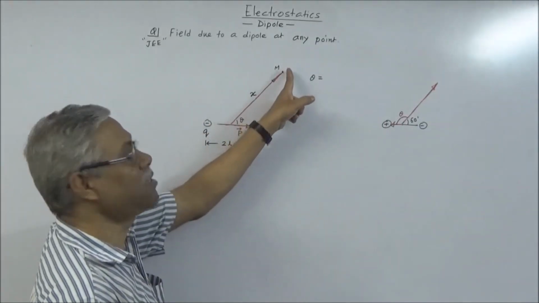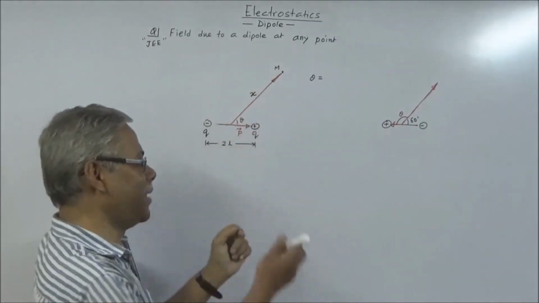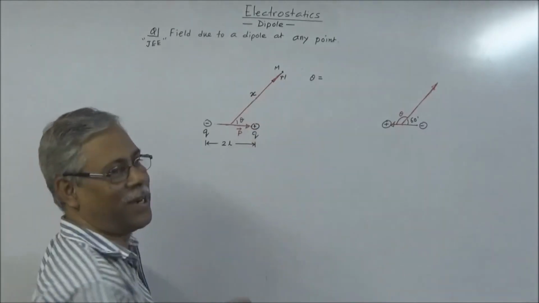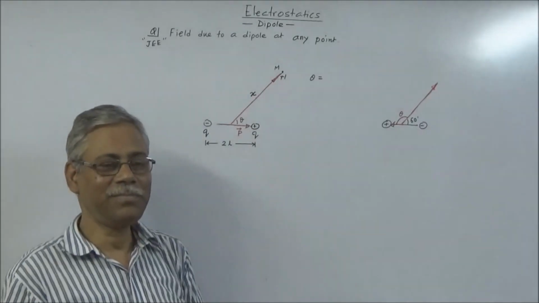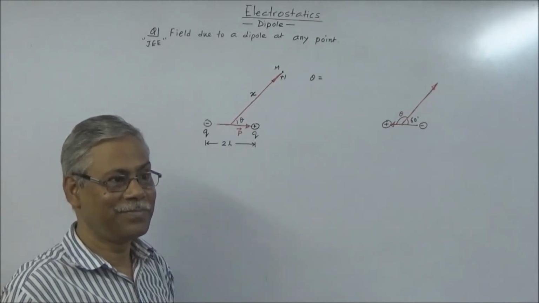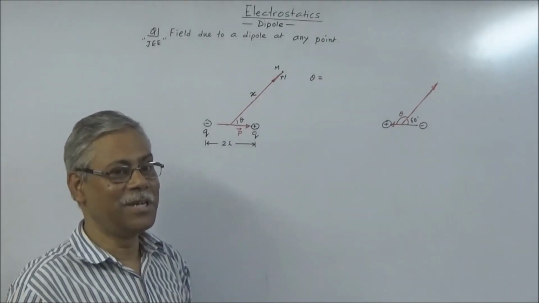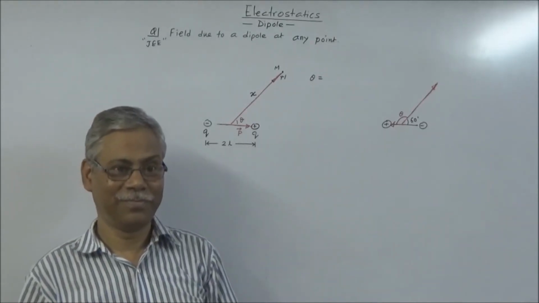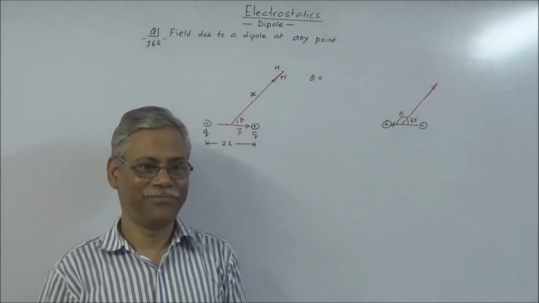To find the field at the point M, you will place a +1 charge here. Then what will you do? You will resolve. Which vector will you resolve? Position?